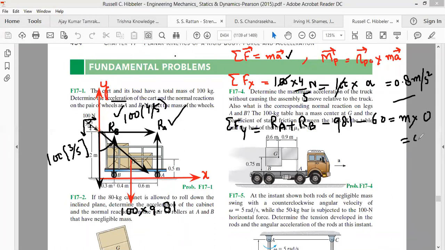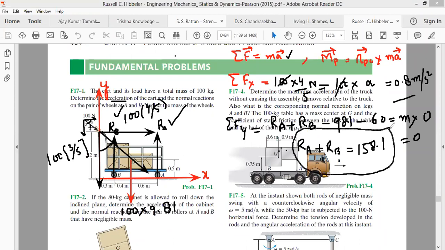That is, the entire equation will be equal to 0. Therefore RA plus RB becomes equal to 98.1 plus 60, which is 158.1 Newton.